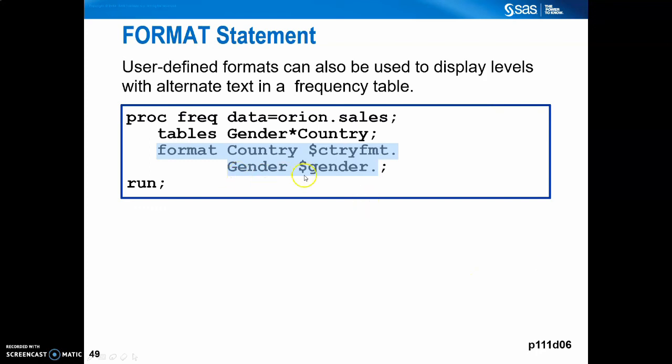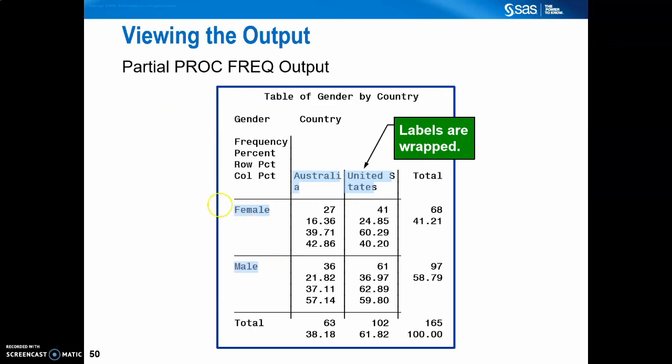And also for gender, previously we created a user-defined format for gender, where for F we give the label female and M for male. As we can see after we submit the program, it is in the form of full names for the labels.